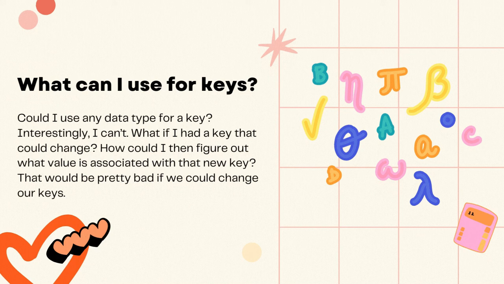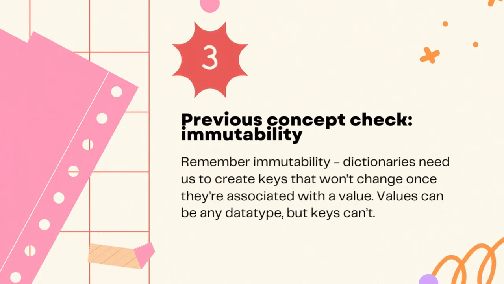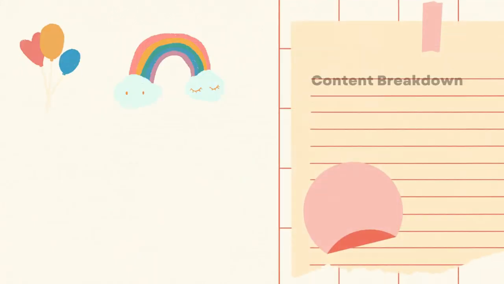For instance, what if I could just decide to swap 2 random words in a dictionary that are associated with 2 entirely different definitions? That would be really confusing, right? So remember immutability. Dictionaries need us to create keys that won't change once they're associated with a value. And remember, values can be any data type in theory, but keys can't.